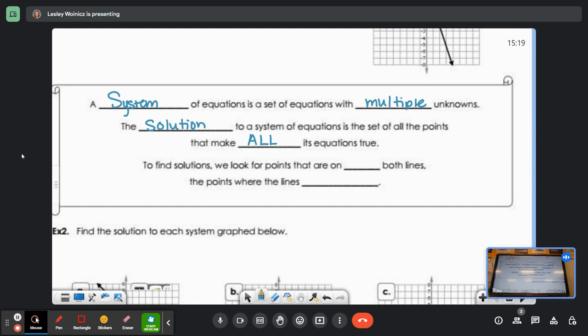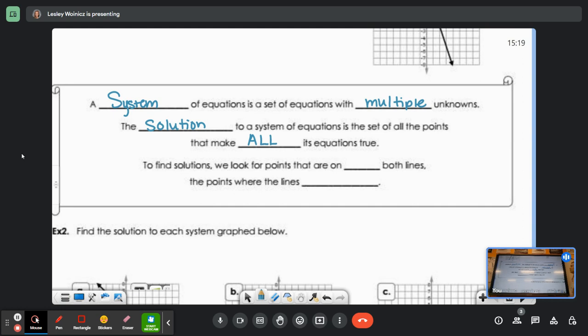So it's not enough just to make one of the equations in the system true. It's got to cover them all. It's got to satisfy them all. Now in Algebra 1, we're just going to do 2 equations with 2 variables. But as you go up higher and higher in higher math classes, they'll start adding more equations and more variables.